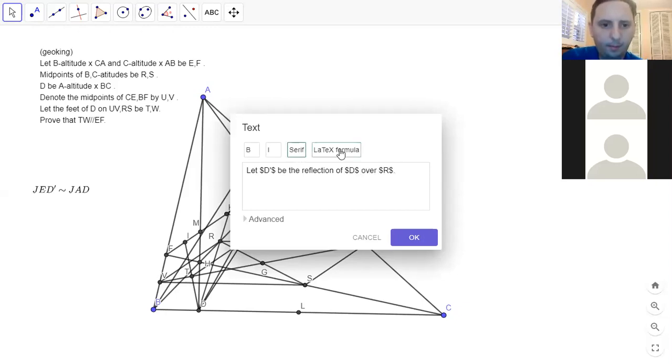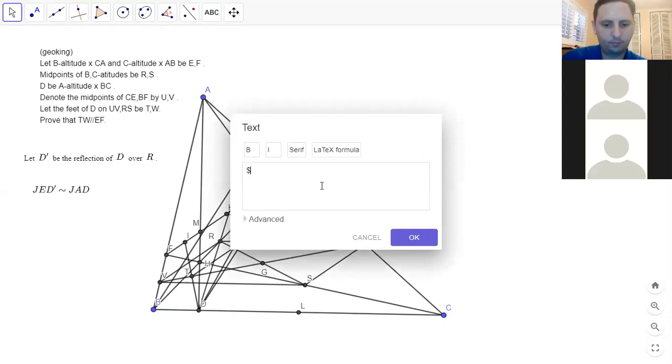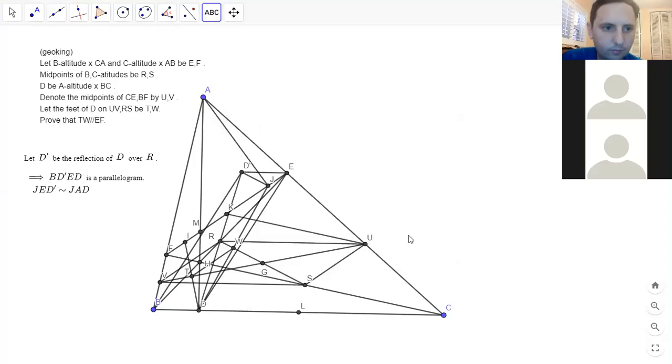So then BD' ED is a parallelogram. Okay.